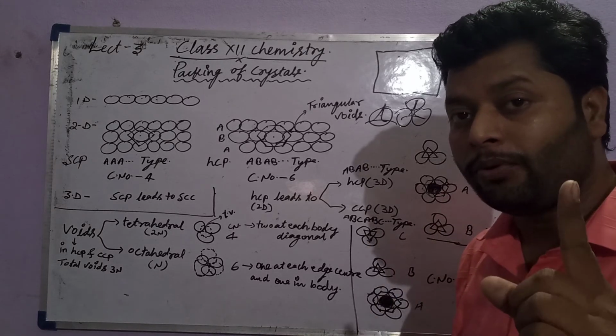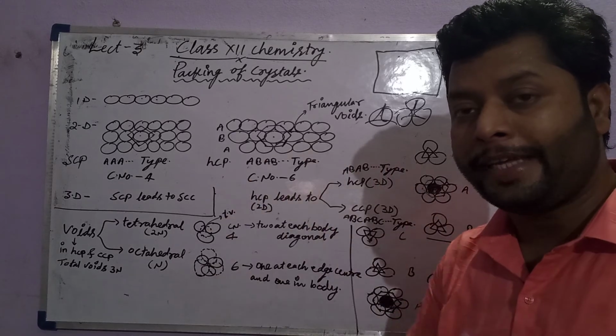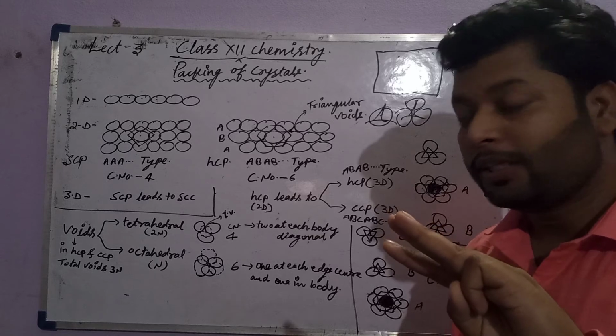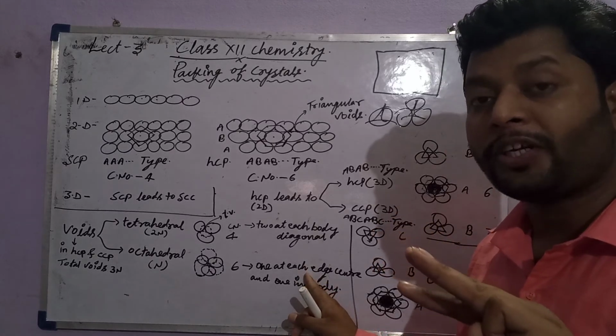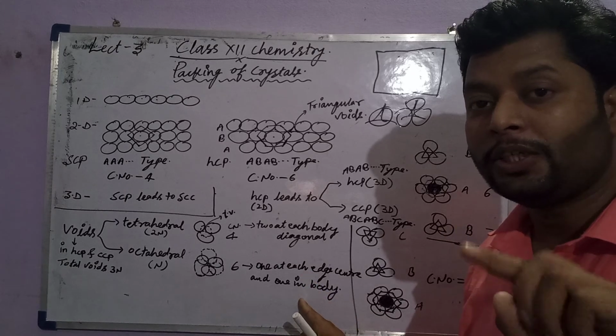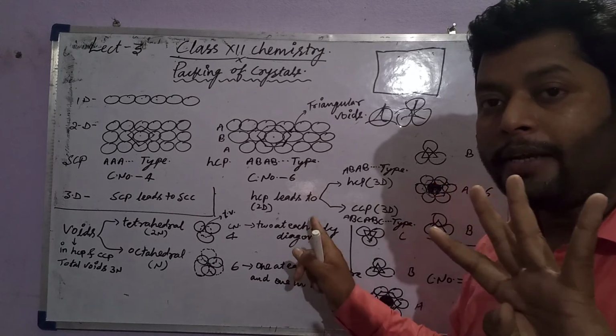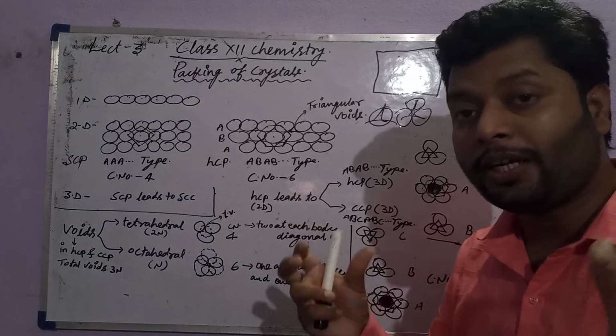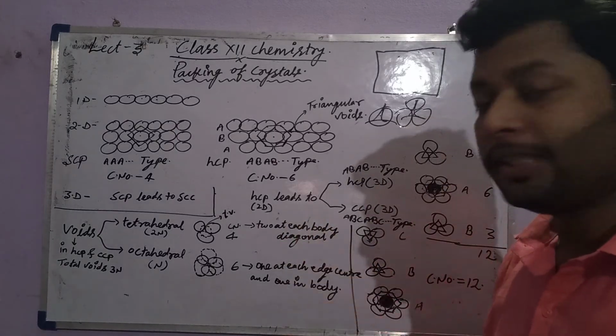There are a total of 12 edges, so 1 by 4 into 12 is 3. So the total number of octahedral voids from edges is 3, and 1 in the body center, so the total becomes 4. And tetrahedral became 8 because of the body diagonals. So these are the locations of the voids.